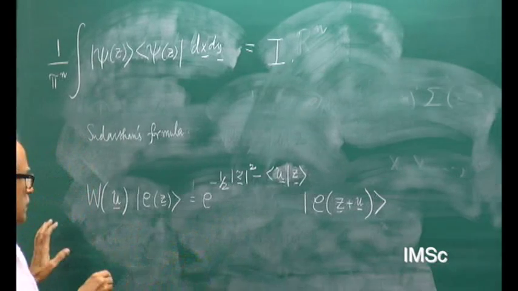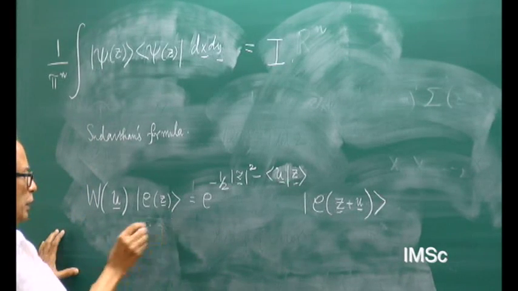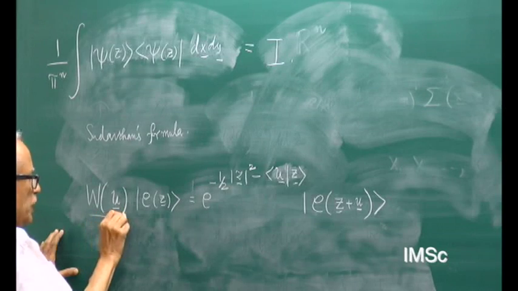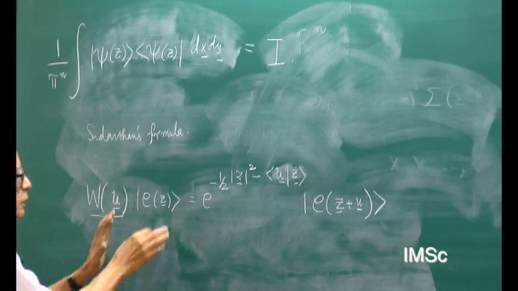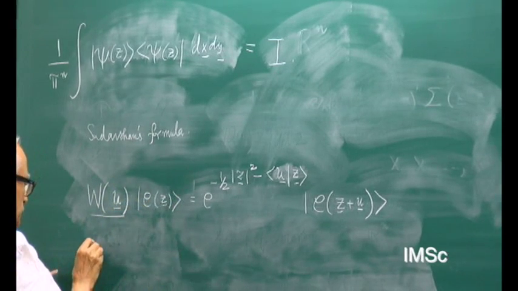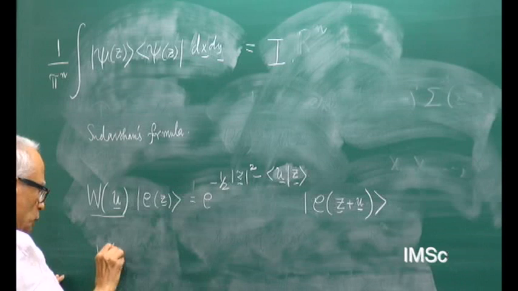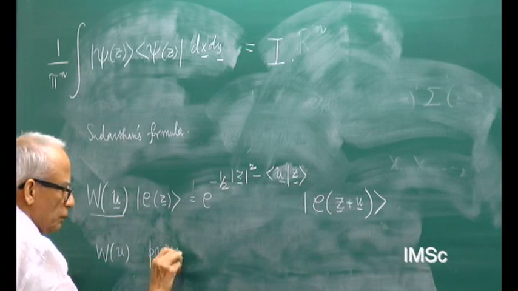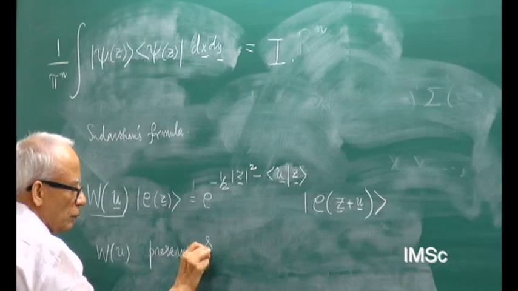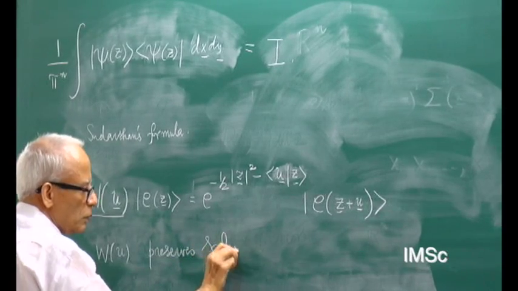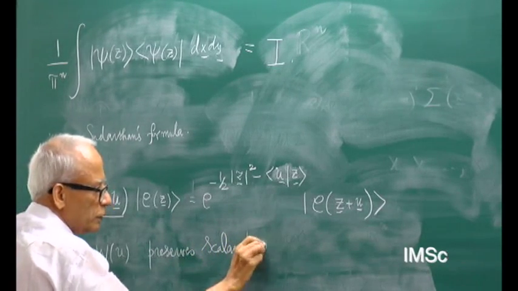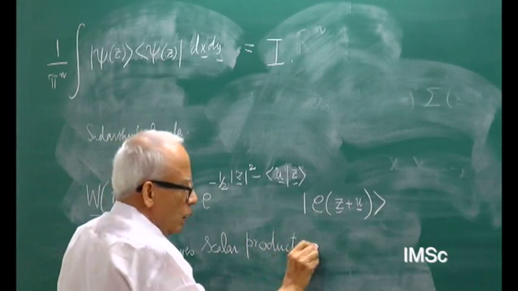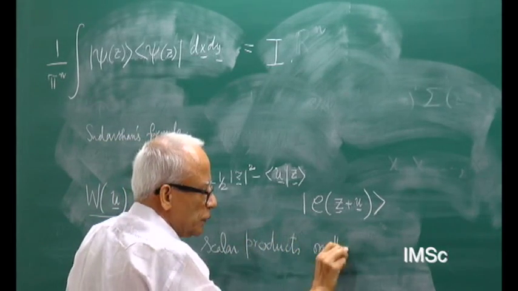Once I do this, you can check that W u preserves scalar products on the set of exponential vectors.